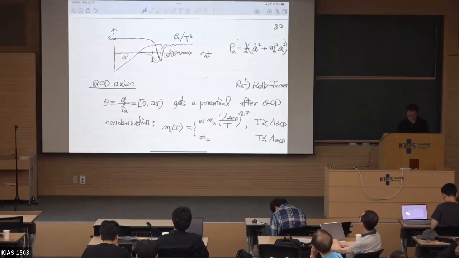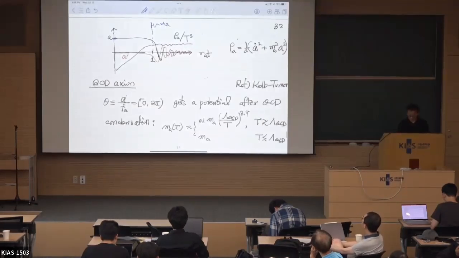Then around H ~ m_a it starts to oscillate. So A goes like this, and A dot also starts to oscillate.